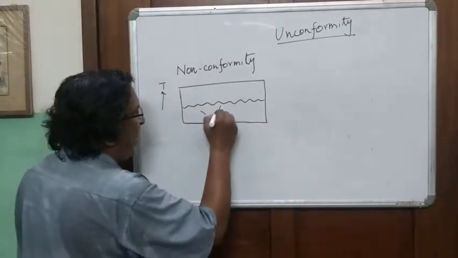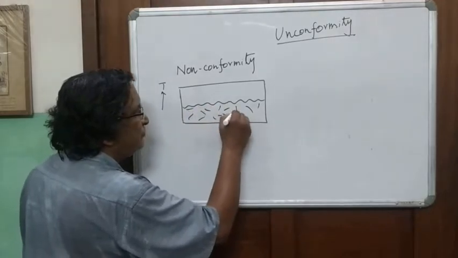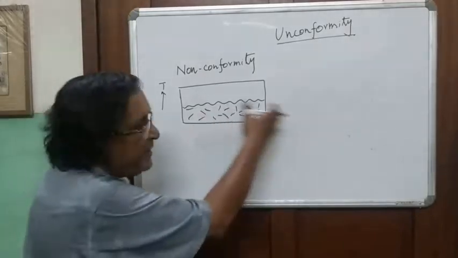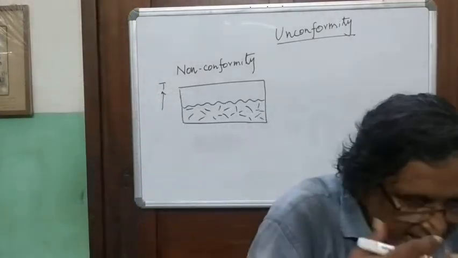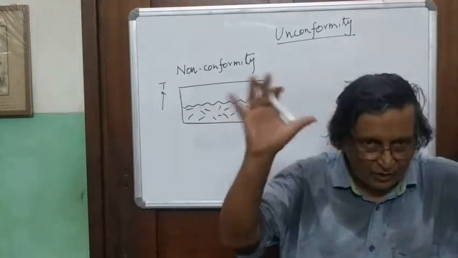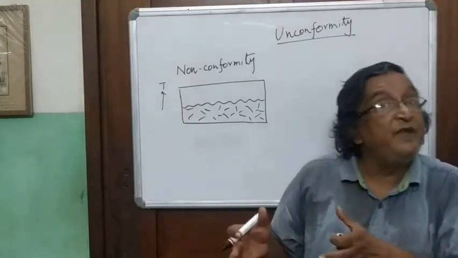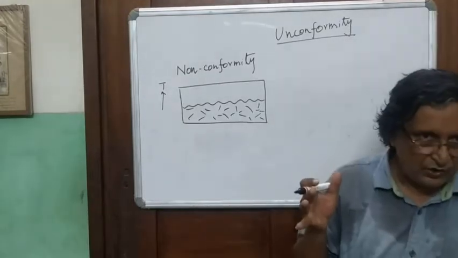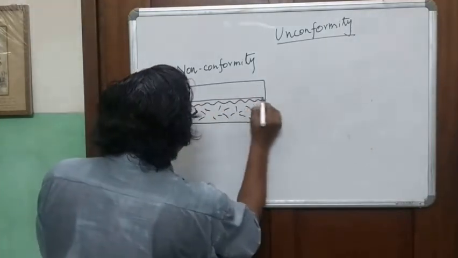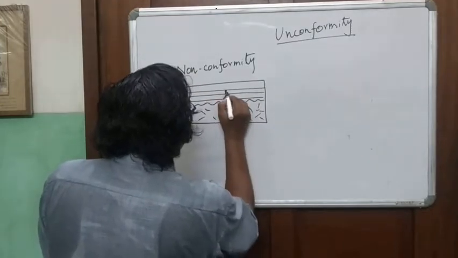Below this, you have, say, an igneous rock, or it could be a metamorphic rock. The underlying rock strata is a non-sedimentary rock. It won't be a volcanic rock, it would be a plutonic rock. And on that, you will have sediment deposition this way: A, B, C.